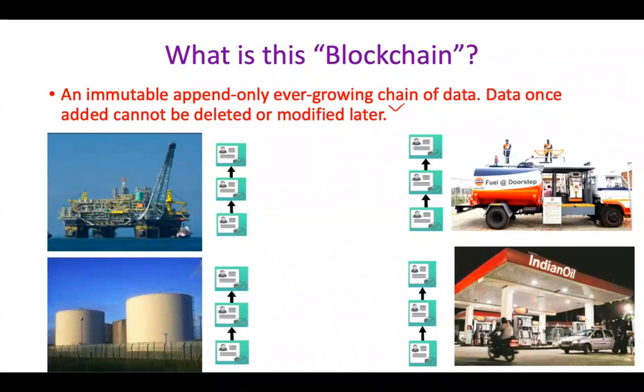So now see that in our case study, every entity in this network is trying to maintain a ledger. This ledger is just an accounting term. Think of it as specialized storage and retrieval of your data.